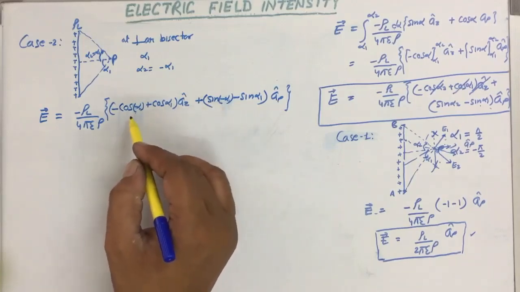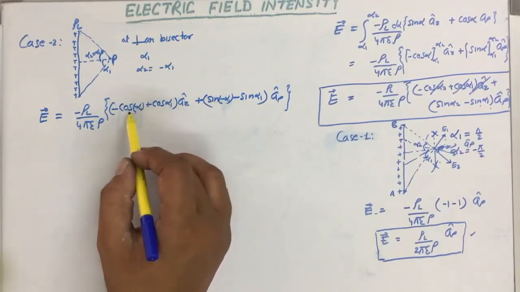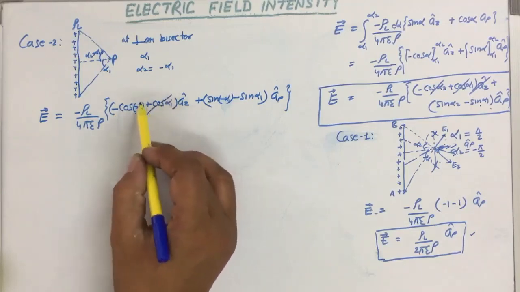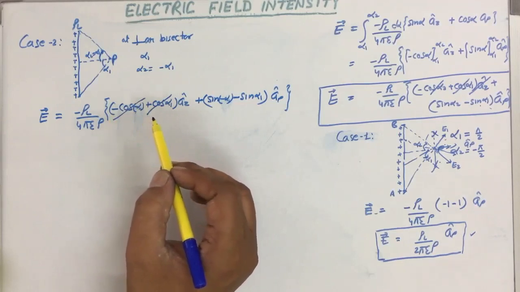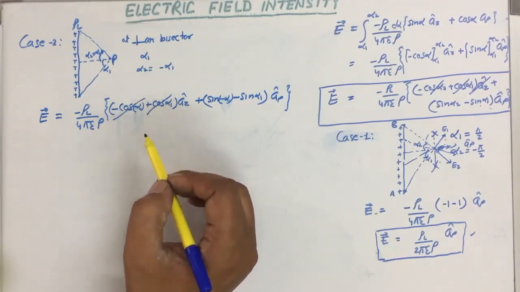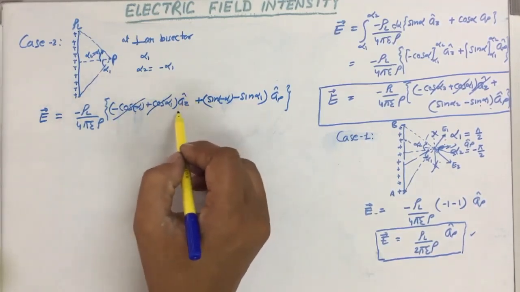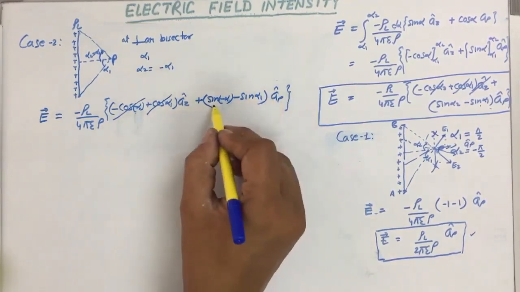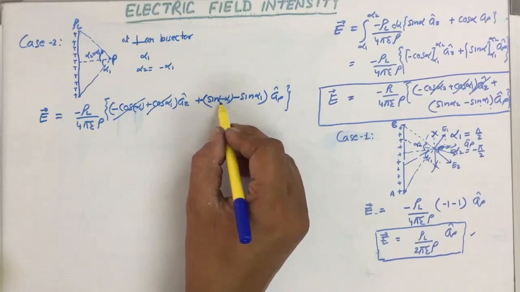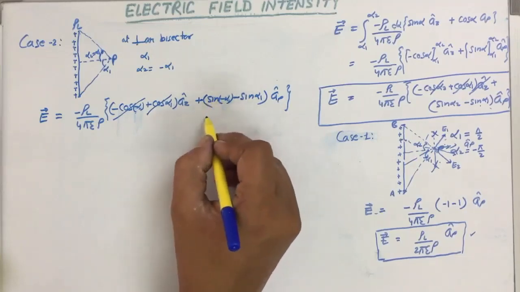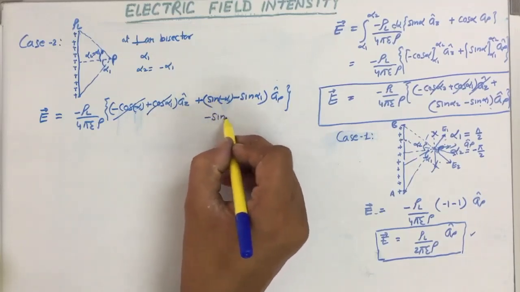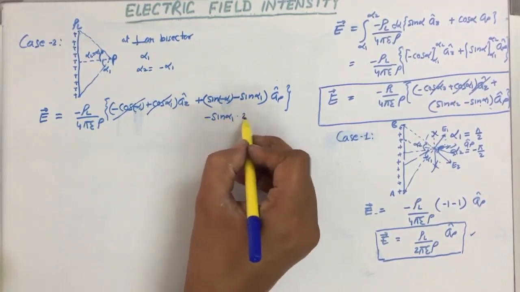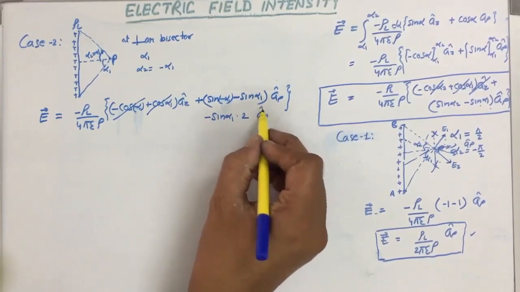And we know cos of minus theta will be cos theta. So according to that, it will be minus cos alpha 1 plus cos alpha 1, which is equal to 0, cancelled out. So again the AZ component will be absent. Sin of minus alpha 1 will be minus sin alpha 1, and minus again sin alpha 1. So it will give us times 2 in the direction of rho.